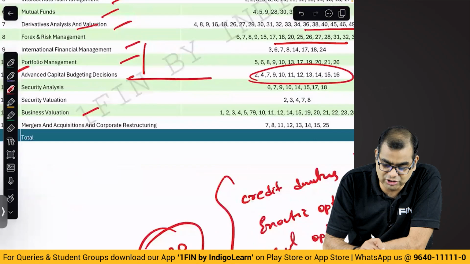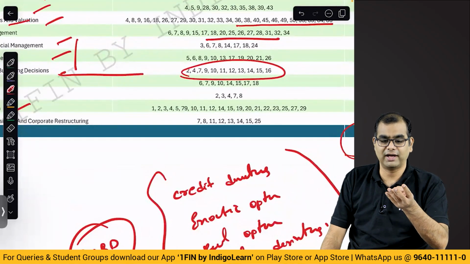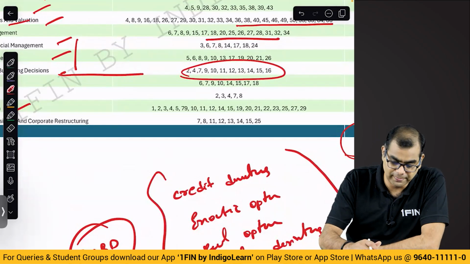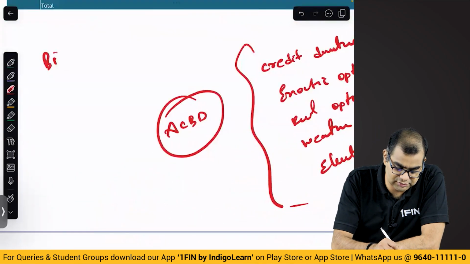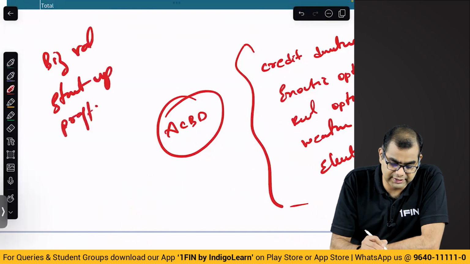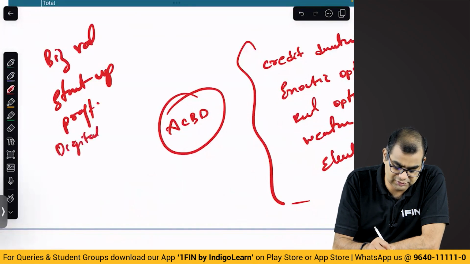Then other than that, business valuation. In business valuation, they have added new topics, especially with respect to valuation of startups, valuation of digital entities, then distressed valuation, then valuation of professional firms.